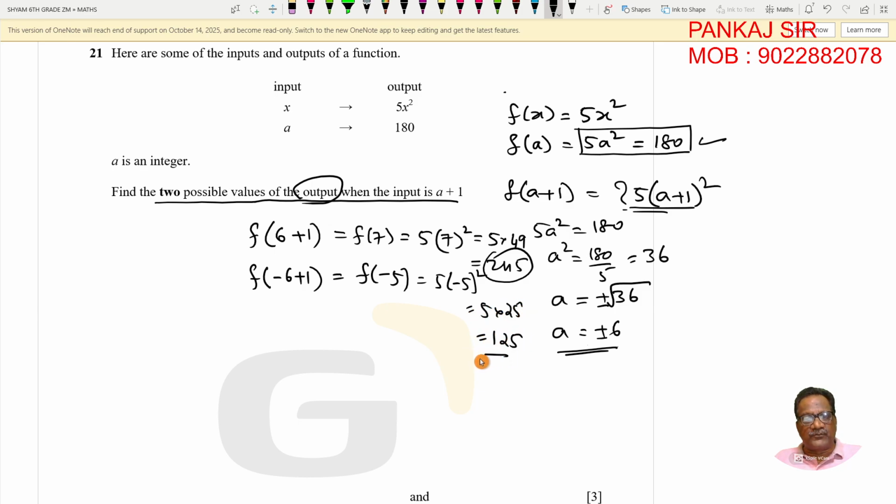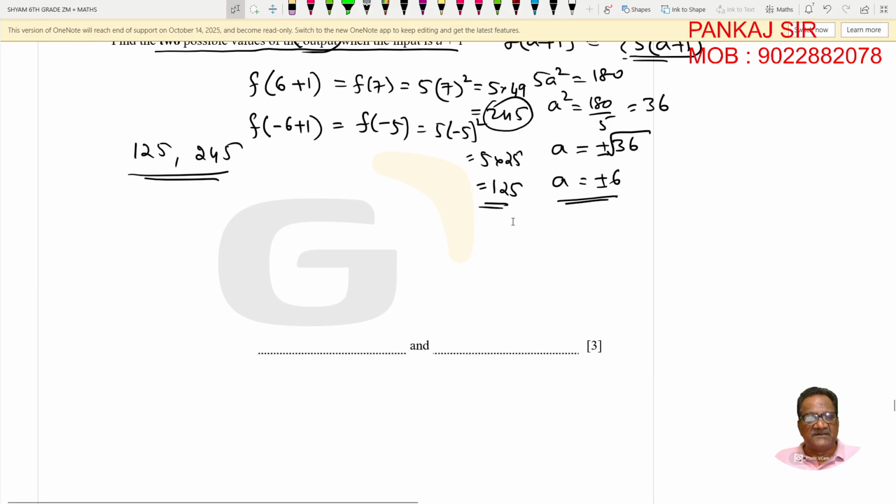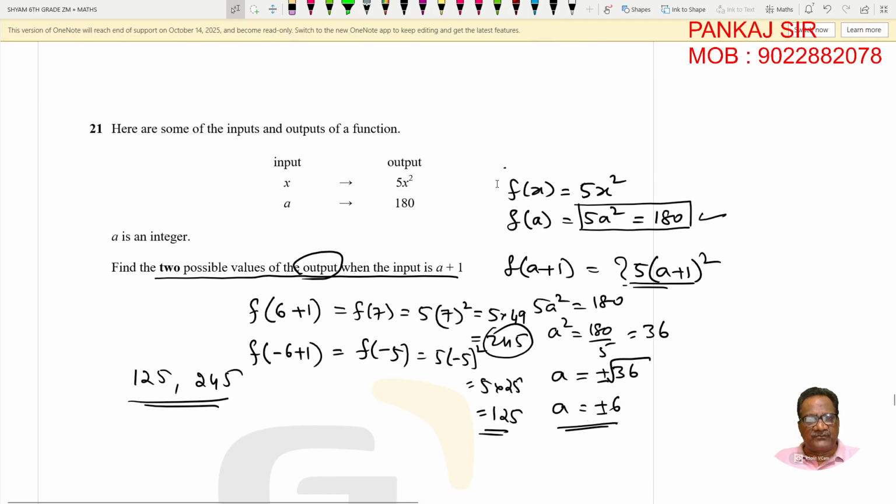So another output will be 125. Okay. So these are the two answers. Find the two possible values of the output. So the two possible values of the output will be 125 and 245. These are my answers. Okay. You can write the answer over here. 125 and 245. Right? This was a question pertaining to functions. Okay.